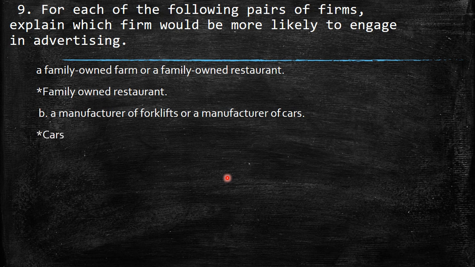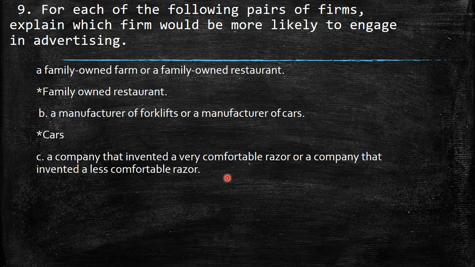Definitely it should be cars, because cars, even though they provide a service, usually have infinite different characteristics, different from forklifts. Forklifts obviously have the capacity of lifting, but we can identify which is more differentiated, closer to the monopolistically competitive market, and that one should invest more in advertising.